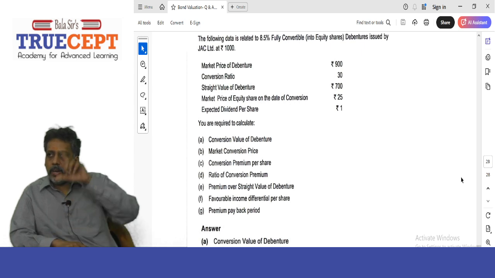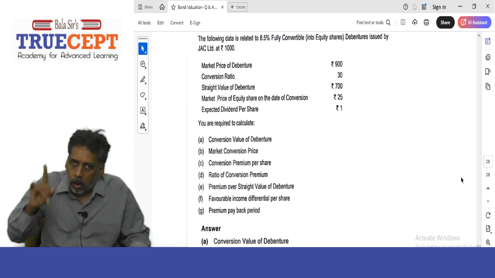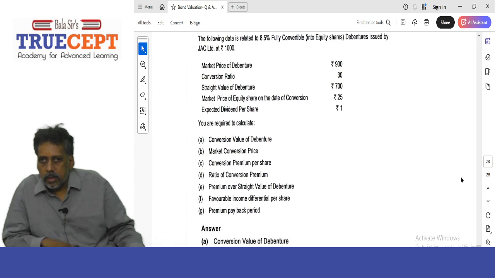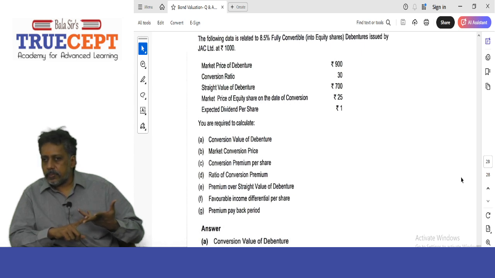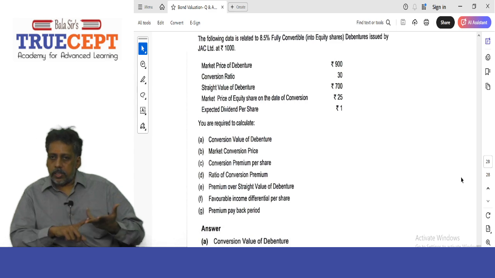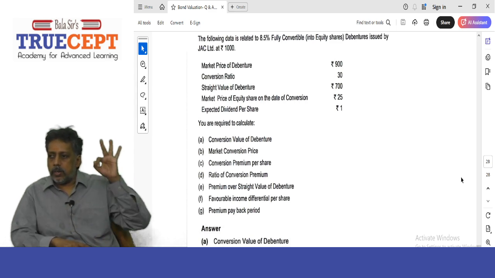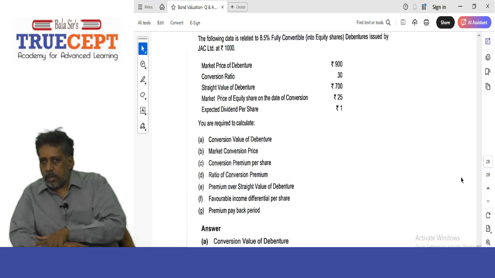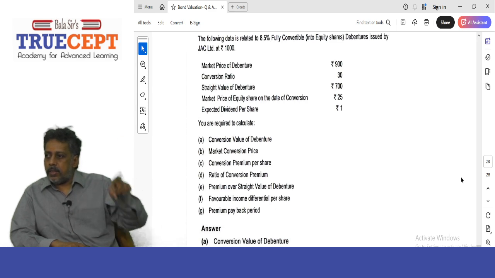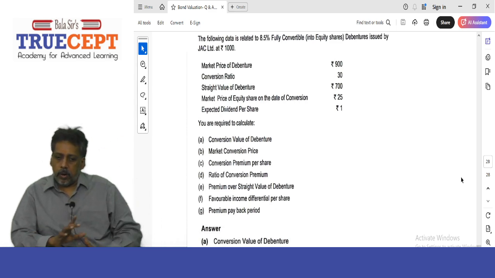What is that? Every bond, suppose you're holding one of these bonds, you can convert the bond into how many shares? 30. Into 30 shares, right? Conversion ratio. Every bond will convert into 30 shares. That means a person holding one bond has an option to buy 30 shares in the company. Got it? Yes, sir.